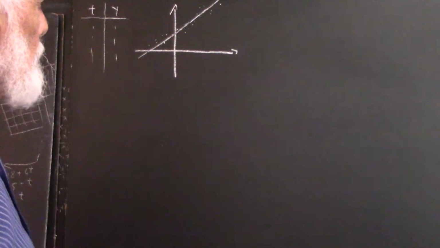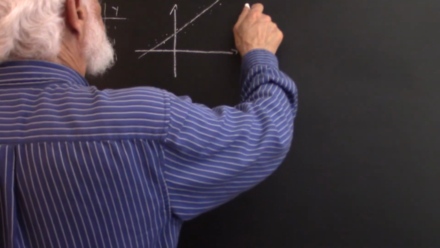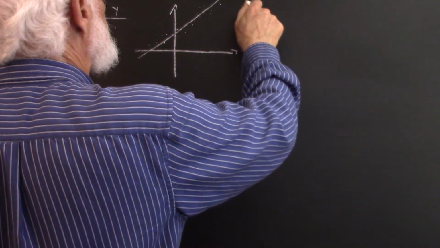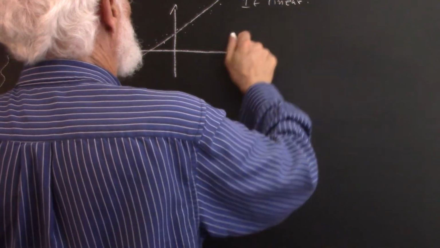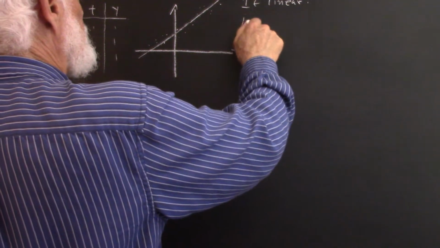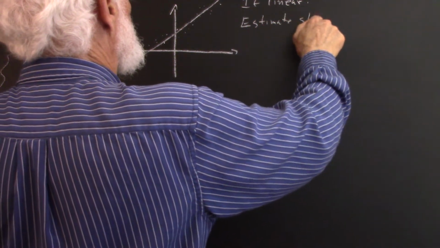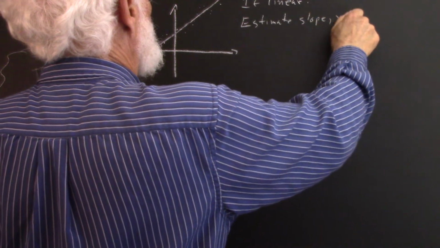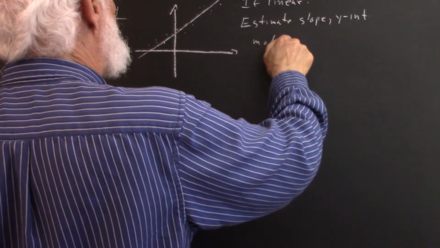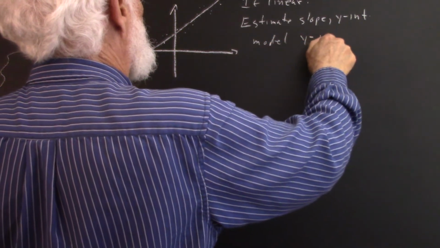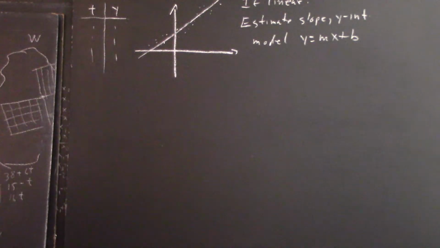So if we do that, then we can estimate the slope and the y-intercept, and your model is y equals mx plus b.